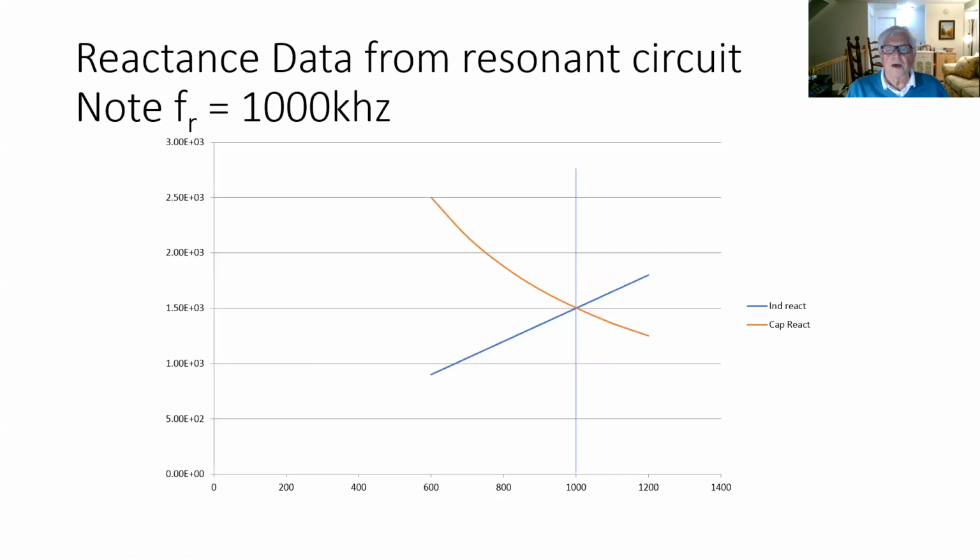We can show that simply from the circuit that we just created. These are our spreadsheet values, which show that they cross right at the 1,000 kilohertz range. So that's what that shows.